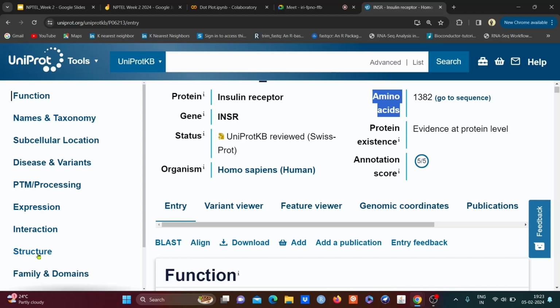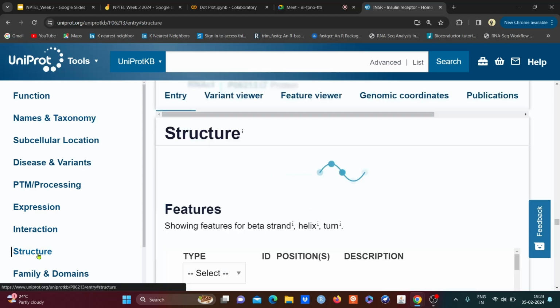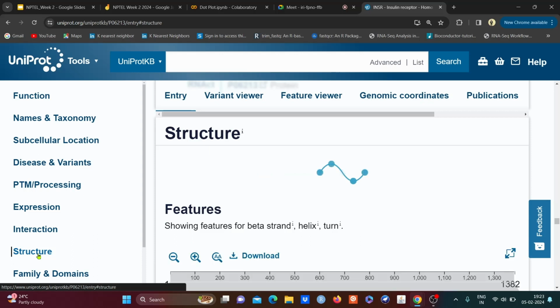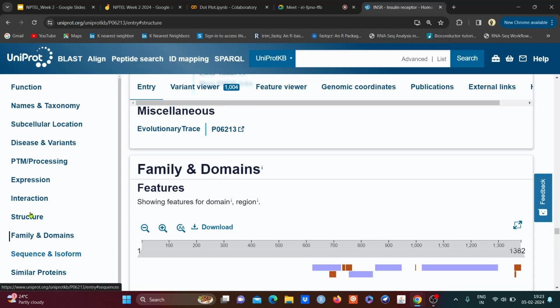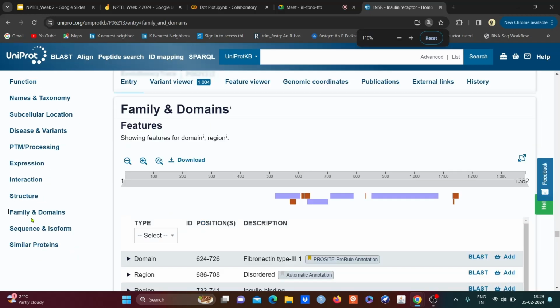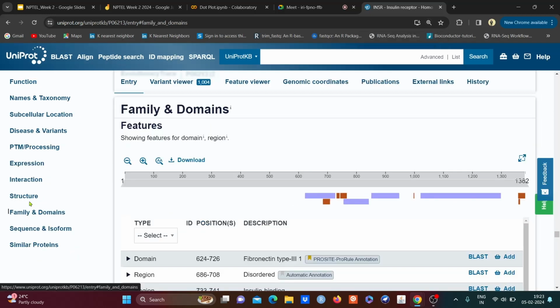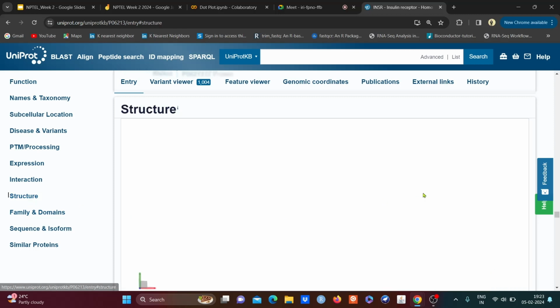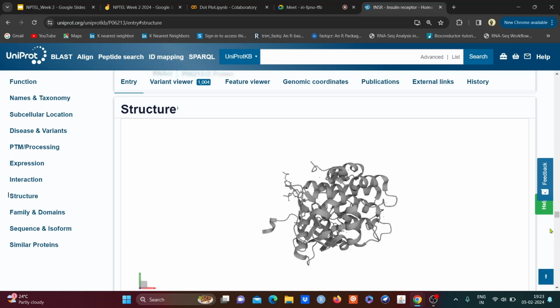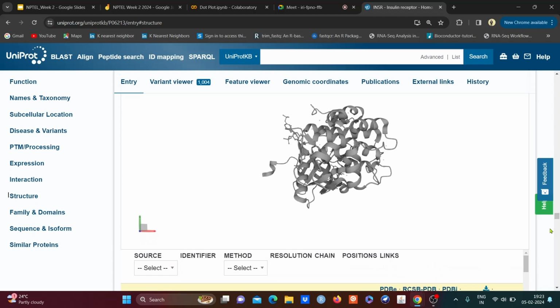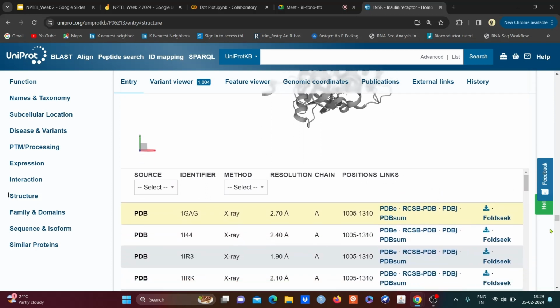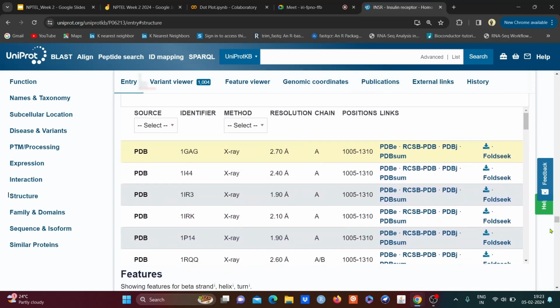So here I'd like to directly move to the structure part. Here you can visualize the three-dimensional structure of the insulin receptor, and we can also see different PDB IDs corresponding to this insulin receptor.